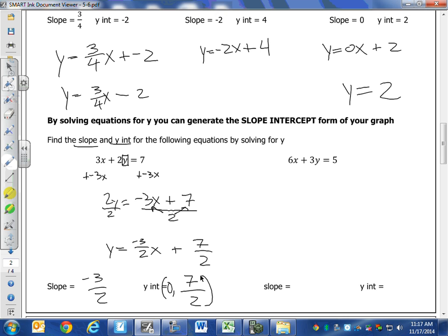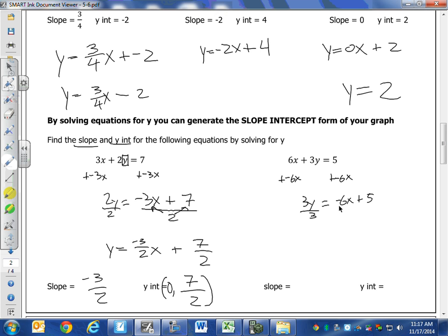All right, Mr. Gunter, what was the first step you did to solve this equation for y? Beautiful. And then what did you write on the right side? Negative 6x plus 5. Perfect. And what was step 2? Dividing by 3.